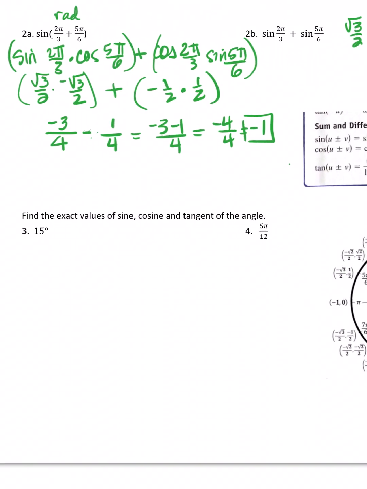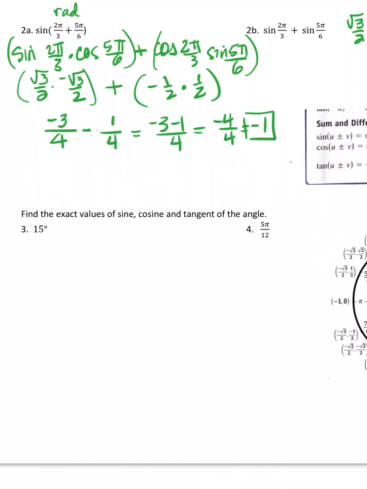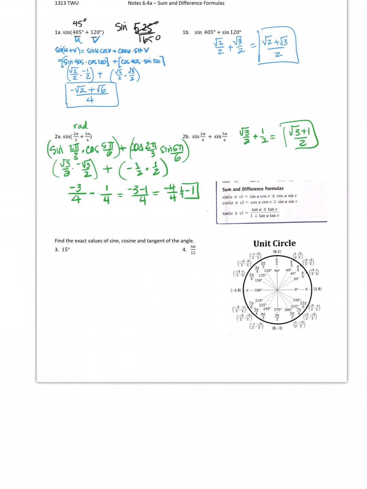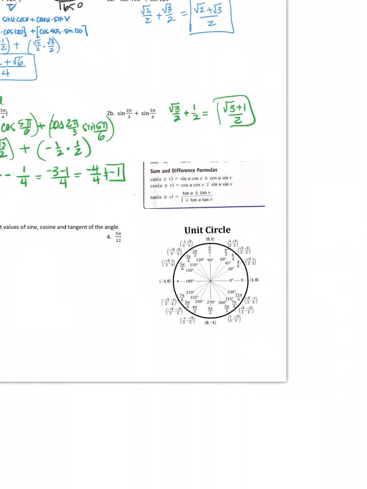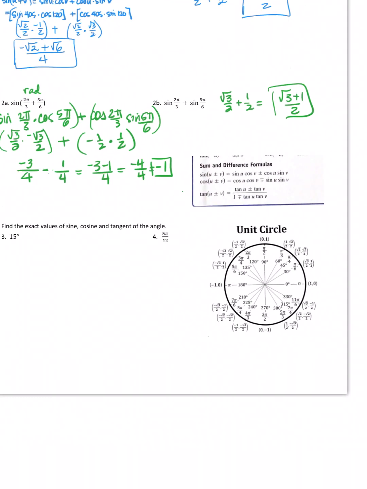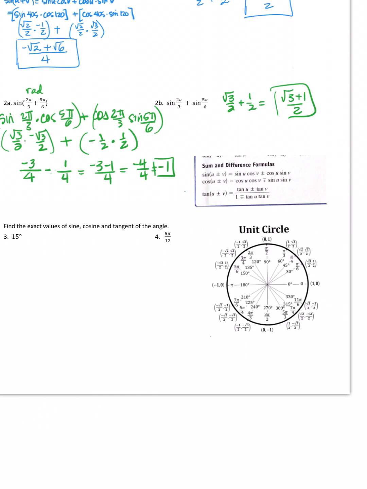Okay, now our question says, find the exact values of sine, cosine, and tangent of the angle. And the angle they gave us on number 3 is 15. Well, that's not an angle on our unit circle, is it? So what we're going to have to do is find a combination of angles that are located on the unit circle that would get us to 15. So you have options here. I'm going to use the combination that jumps out to me. I can do 60 minus 45.